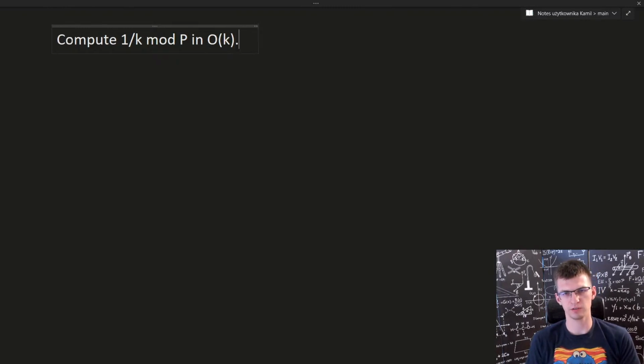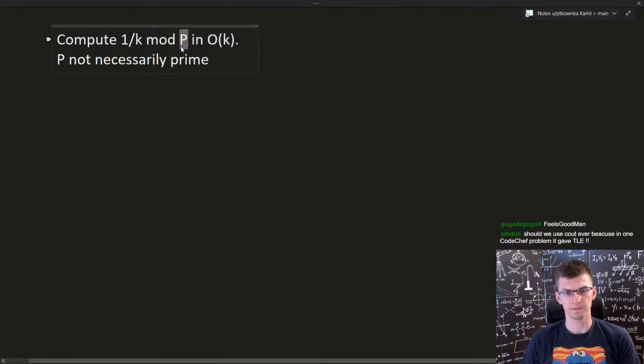That's the problem we need to solve. Actually, p doesn't need to be a prime. In particular, if p is not prime, then maybe this is an easier method than computing something to mod minus 2. This is what we want.